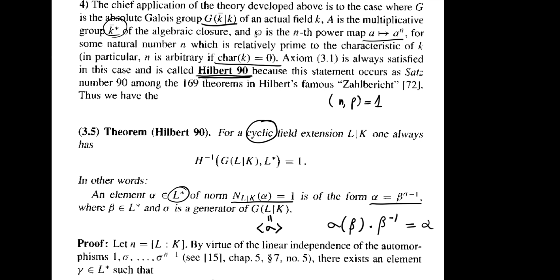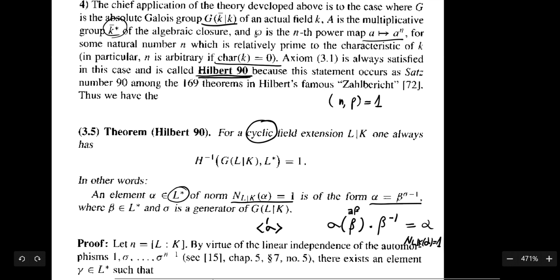R from norm 1. Here this sigma, this beta, sorry, such that we have this.